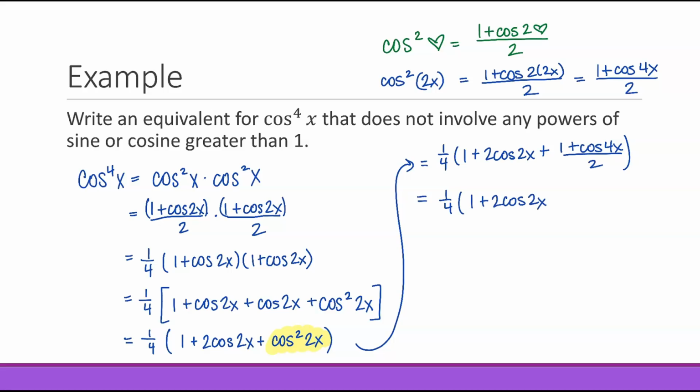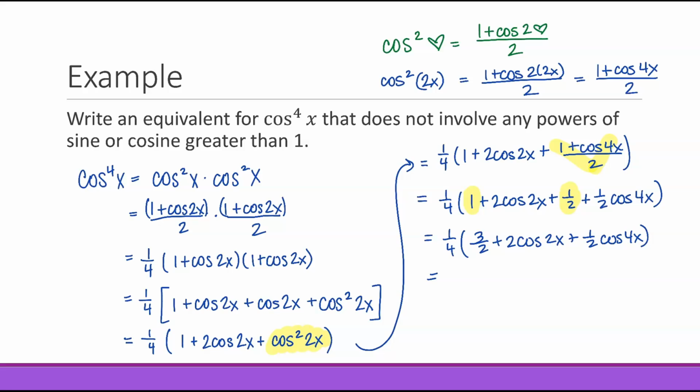I'm going to split this up into 2 separate terms, so this is plus 1/2 plus 1/2 cosine of 4x. Actually, I can combine 1 and 1/2 together first. So I have 1/4 times 3/2 plus 2 cosine 2x plus 1/2 cosine 4x.